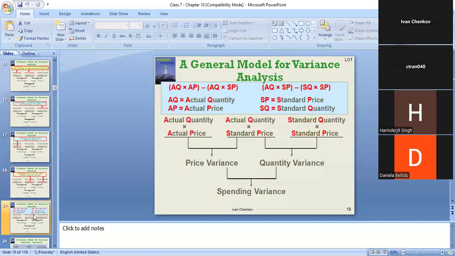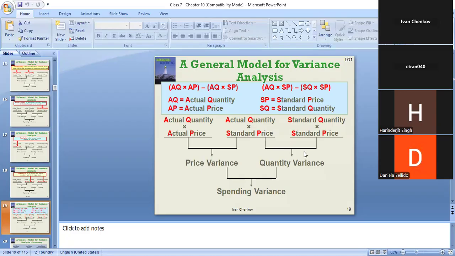Now, once we have those, we can come up with the formula that I show you: the actual quantity times actual price minus actual quantity times standard price is going to give you the price variance. Again, the quantity stays in the same reality, price changes, we're isolating the price effect, and we're getting the price variance.